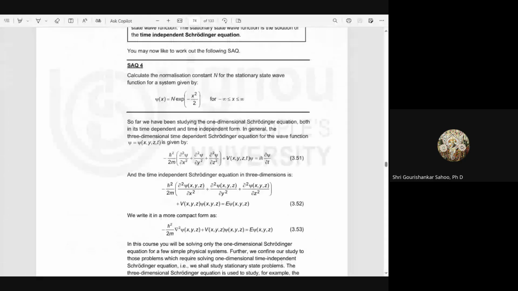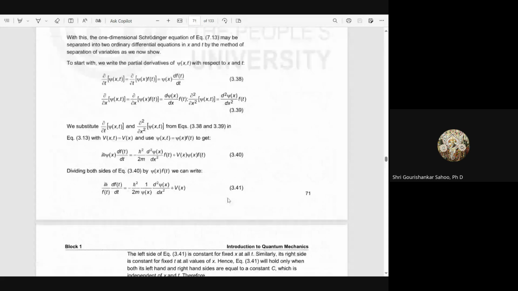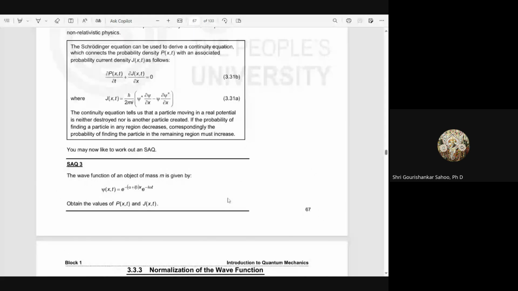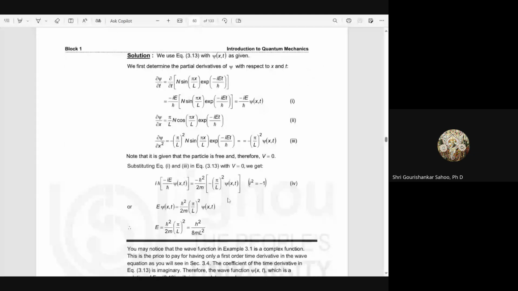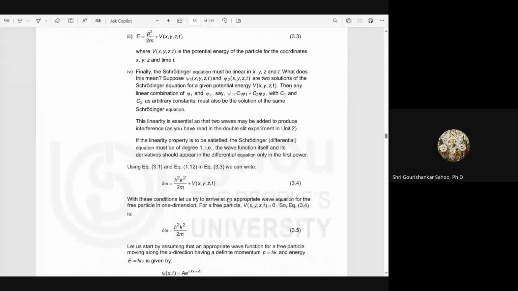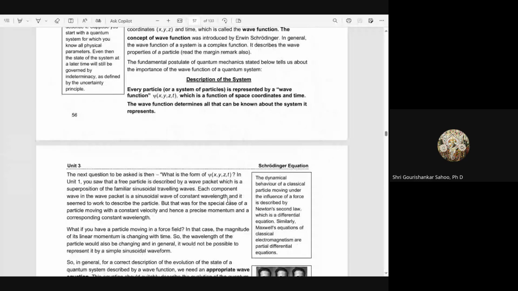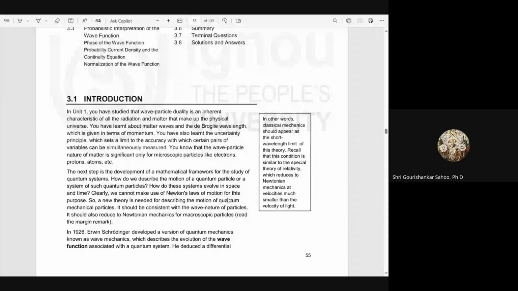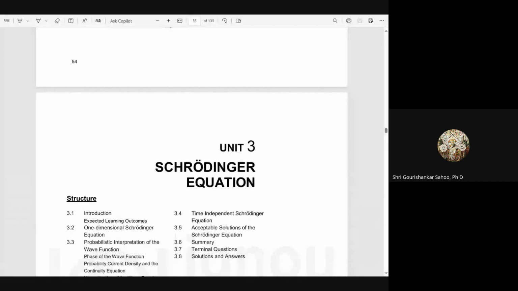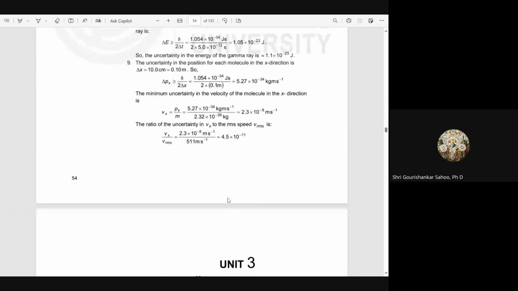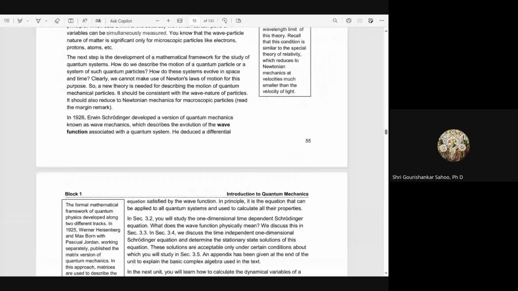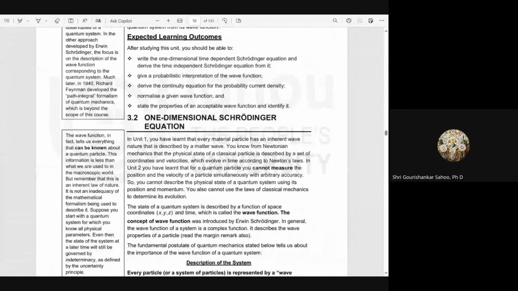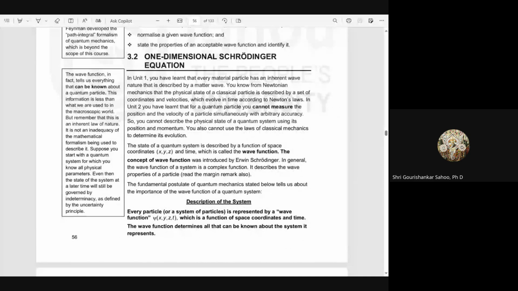Similarly, quantum mechanics starts with Schrodinger's equation. Erwin Schrödinger was an Austrian physicist. In Schrodinger's equation you have a wave function written as psi.